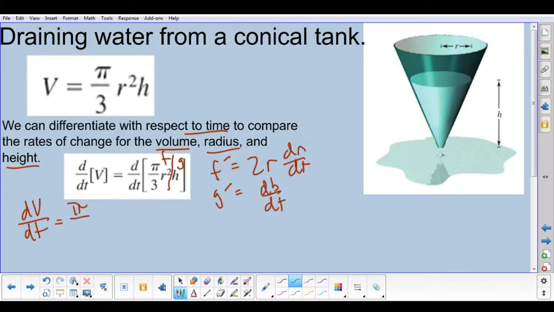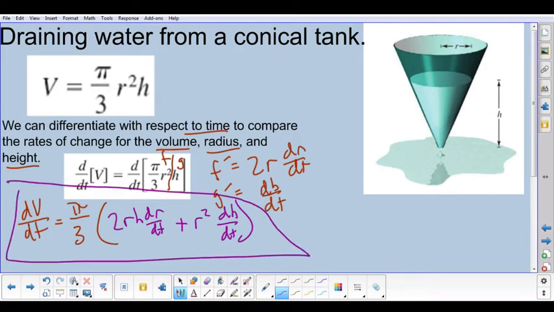So let's plug that in. It's going to be pi over 3 times f prime times g, so 2r h dr/dt, plus regular f times g prime, so r squared dh/dt. And there, I differentiated both sides, so I've compared those rates.